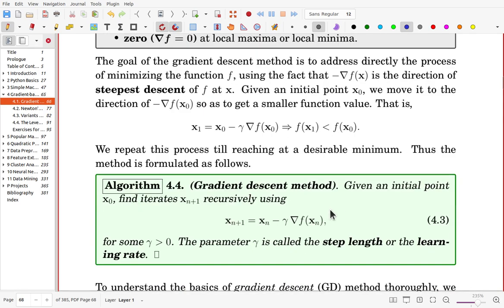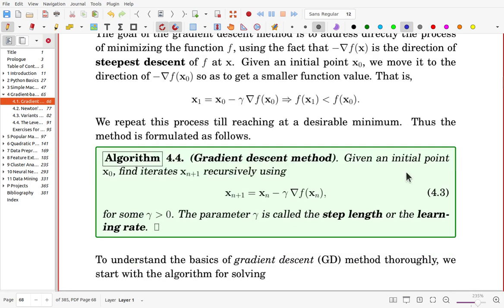Here we define the gradient descent algorithm in this format. Given an initial point x0, iterate x_{n+1} recursively using the formula.